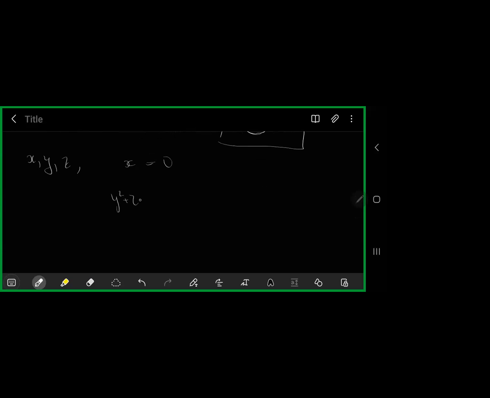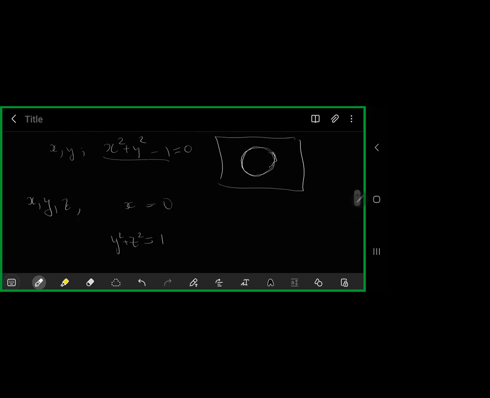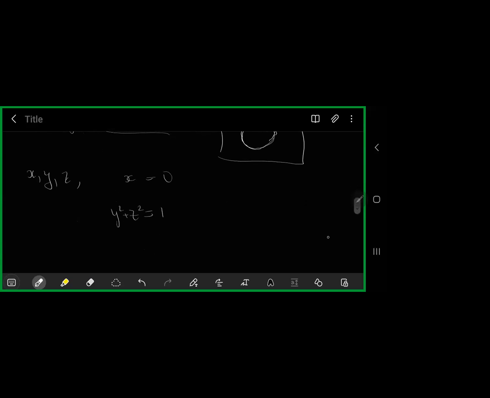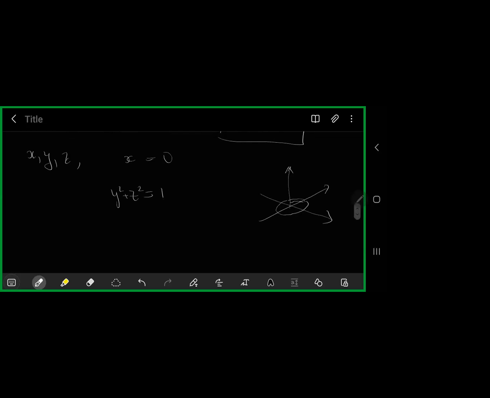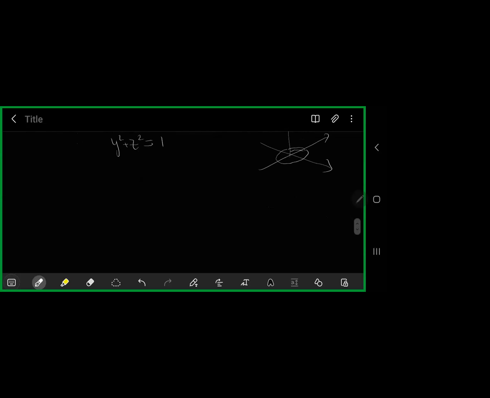And then we have y squared plus z squared equals 1, which is the same picture as the circle, but just sitting inside three-dimensional space. So we can see all those are very familiar objects, and we would want to be able to say interesting things about them if we can.